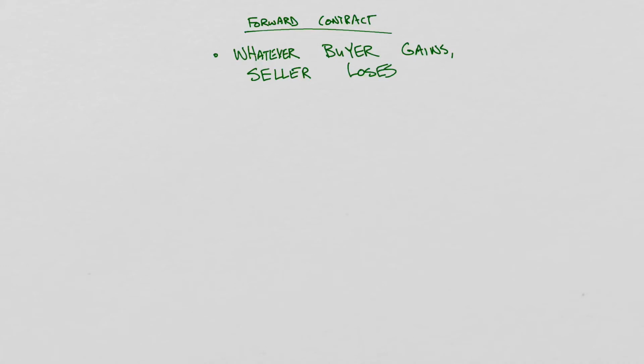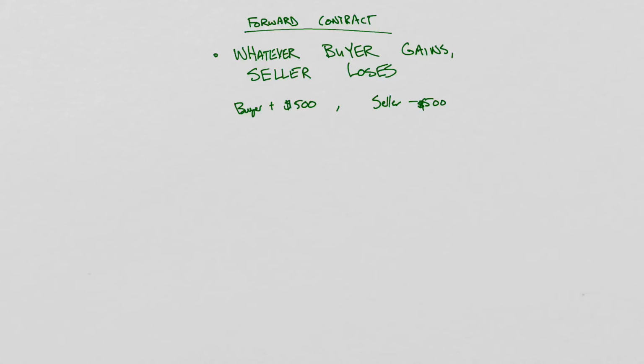And remember, with a forward contract, whatever the buyer gains, the seller of that forward contract loses. And so if the buyer gained 500, we don't even need to calculate loss for the seller because we know that the seller lost 500.